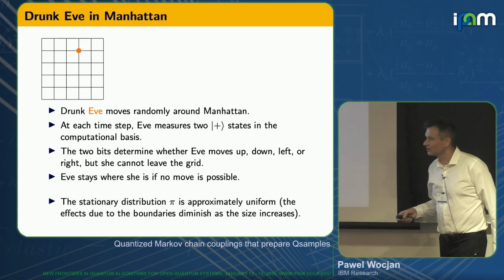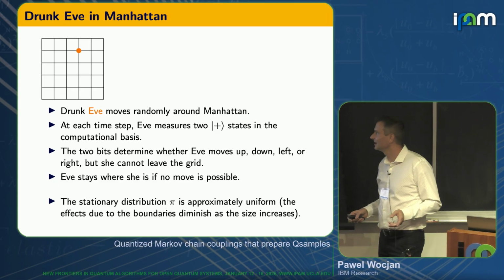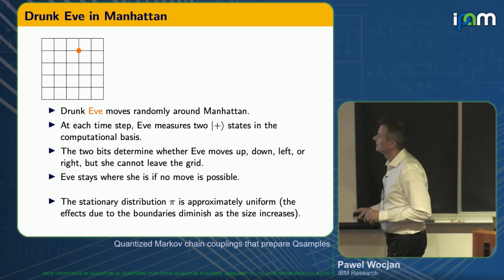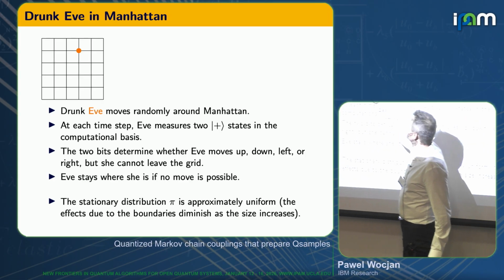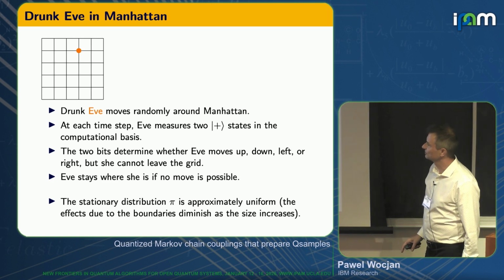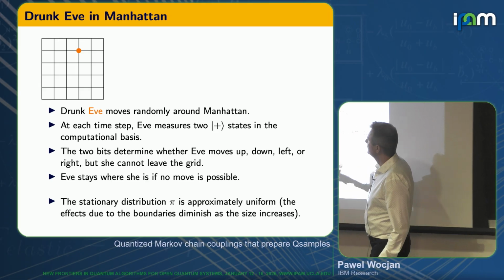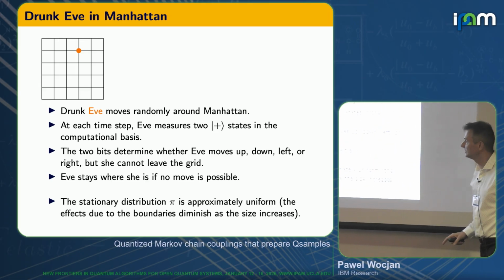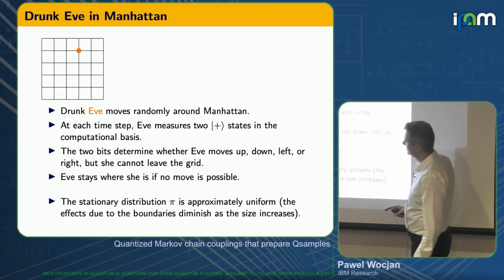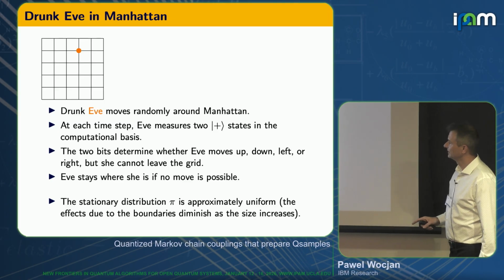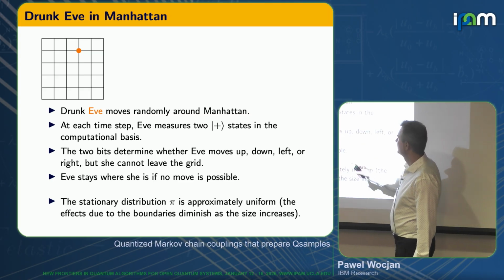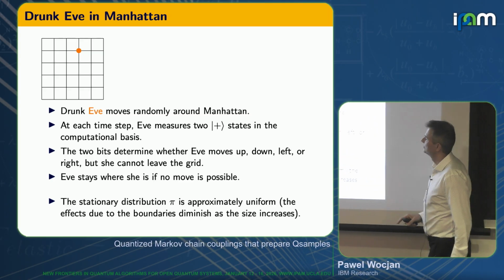Okay, and so let me try to explain the intuition behind couplings. In cryptography, you always have Eve, Alice and Bob. So drunk Eve moves in Manhattan. Here Manhattan, you have this rectangular grid of streets, and drunk Eve moves randomly around Manhattan, and at each time Eve measures 2 qubit states in the computational basis, and the 2 bits determine whether Eve moves up, down, left, or right, but she cannot leave the grid.